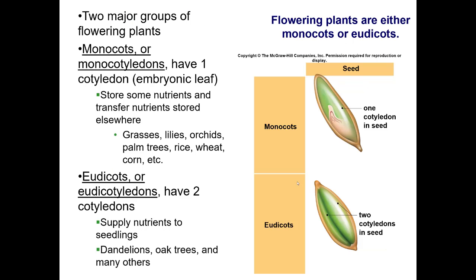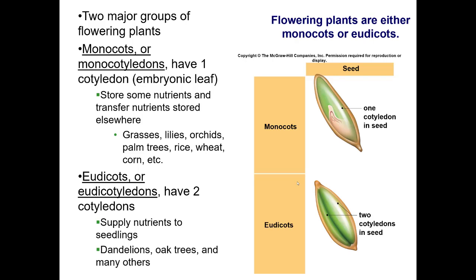Another thing you might remember from early days in science class, the difference between monocots and dicots. We actually now call them monocots and eudicots. That's a more formal term here in college. The cotyledons are embryonic leaves, and these refer to simply whether there is one embryonic leaf or two embryonic leaves in the seeds.